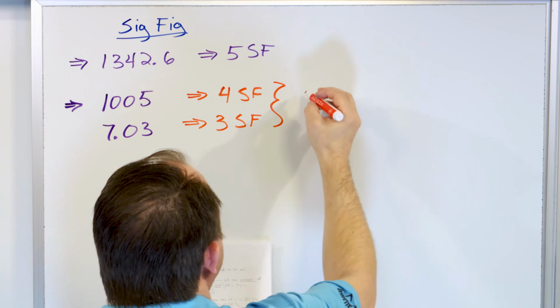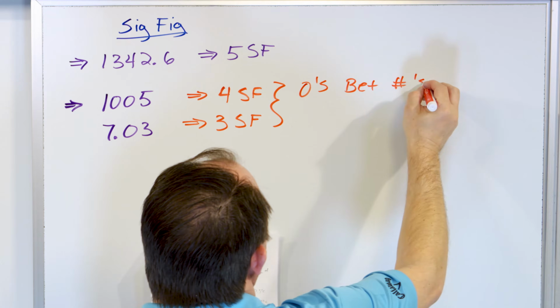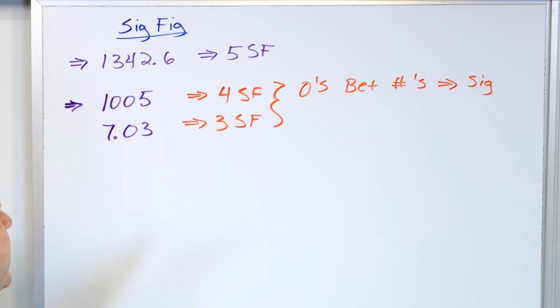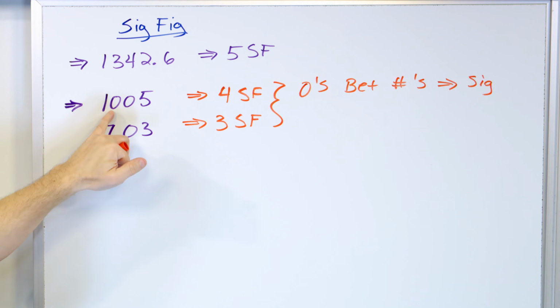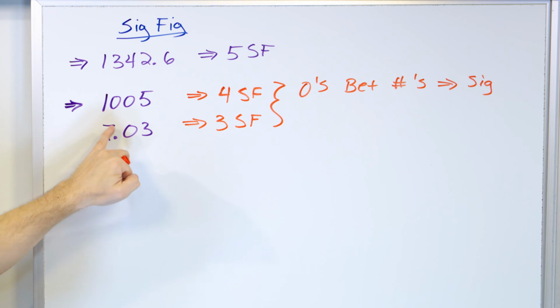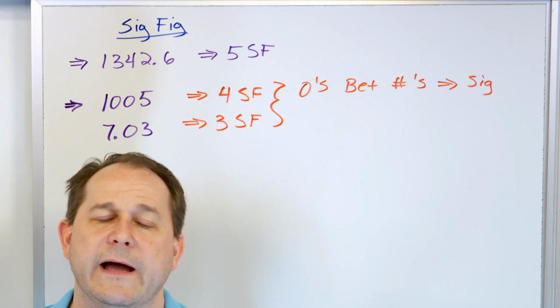So basically, zeros between numbers are also significant. This is my little shorthand way of saying zeros between numbers are significant. These zeros are between non-zero digits, so they're significant. The decimal doesn't matter at all. This zero, because it's sandwiched between two numbers that are non-zero, it also becomes significant, okay?